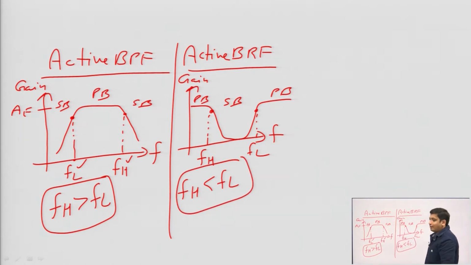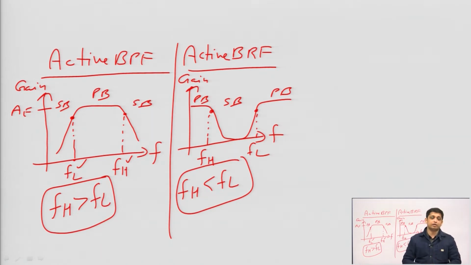So, we have to be very careful while designing the band pass filter and band reject filter, because to design a wide band pass filter and a wide band reject filter, we need first order high pass filter and first order low pass filter, and we are all already familiar with first order low pass filter and first order high pass filter.